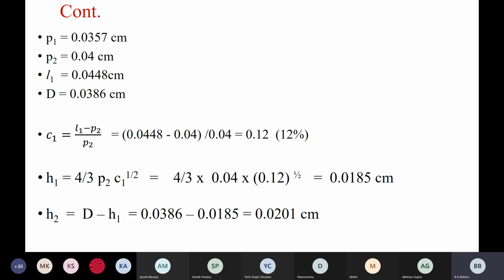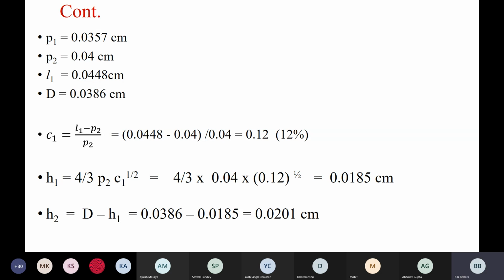Sometimes it may be possible that wrong results are calculated here, but you can correct yourself. But the approach and formula must be correct. C1 equals (L1 minus P2) over P2, we are getting crimp 12%, warp crimp.